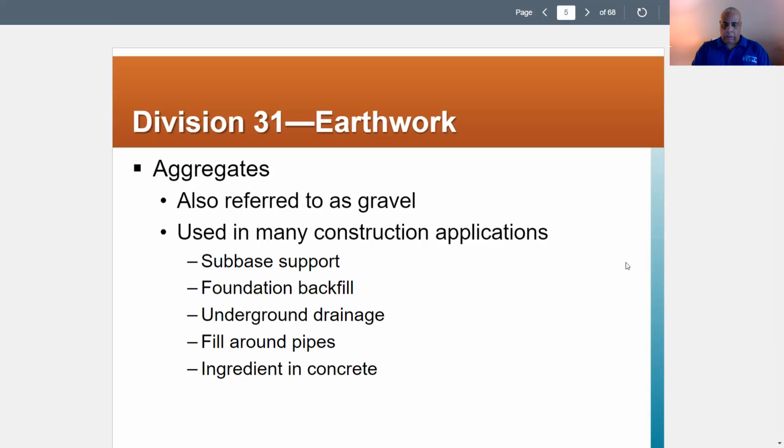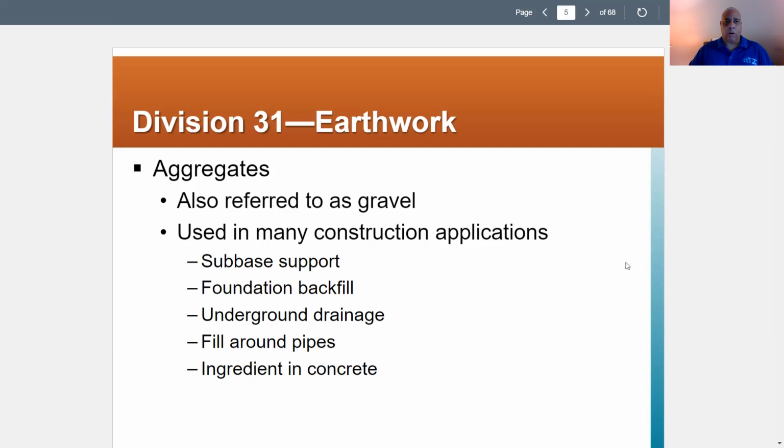I'm going to say 2014 and previously, there were 16 divisions of CSI specifications. Now, there are 50 divisions. And each division is a category, like earthwork.